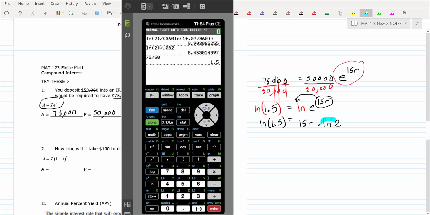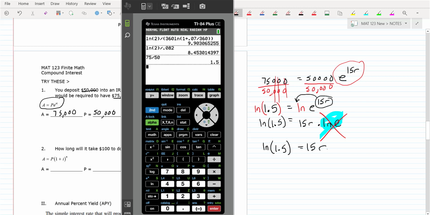I'll keep asking this until everybody knows it. What's ln e? 1. It'll show up over and over again. So that thing you can just cross out. It's not that it's dividing out, it's just 1. So now what we end up having is ln 1.5 is equal to 15r.